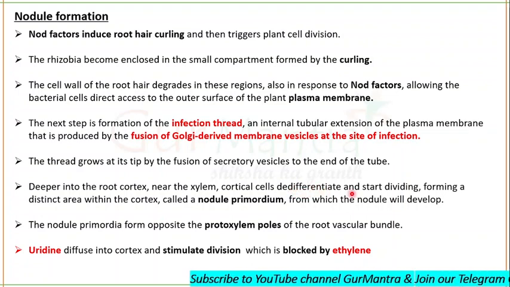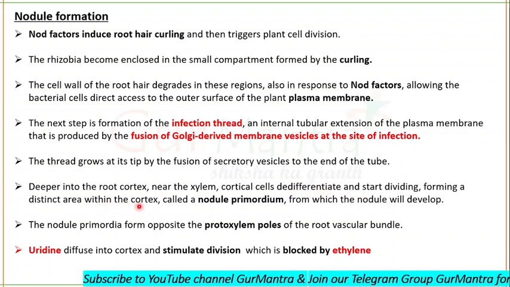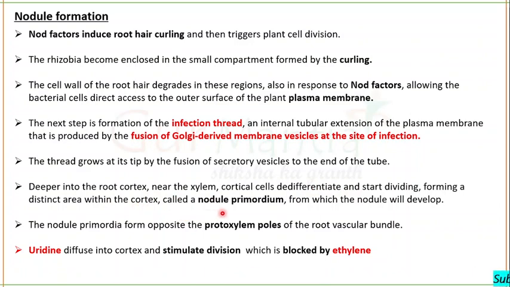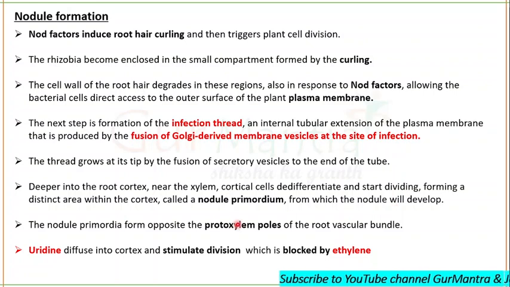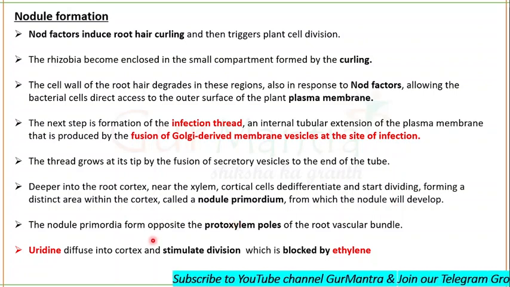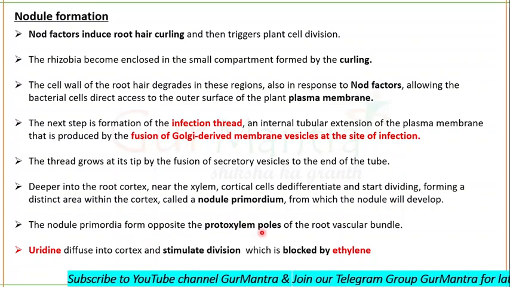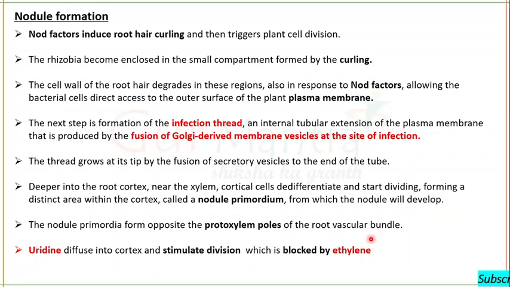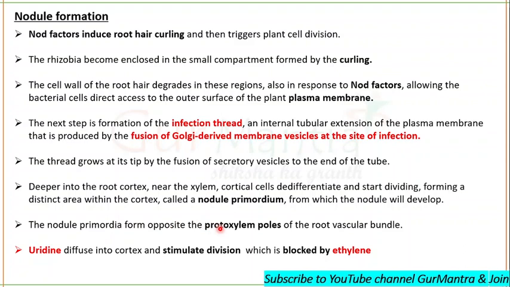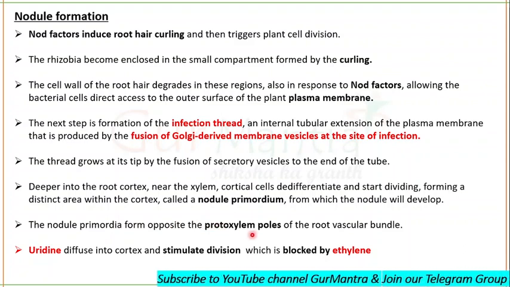So they start dividing, forming a distinct area within the cortex called the nodule primordium, from which the nodule will develop. Nodule primordia form opposite the protoxylem poles of the root vascular bundle. Remember this thing.